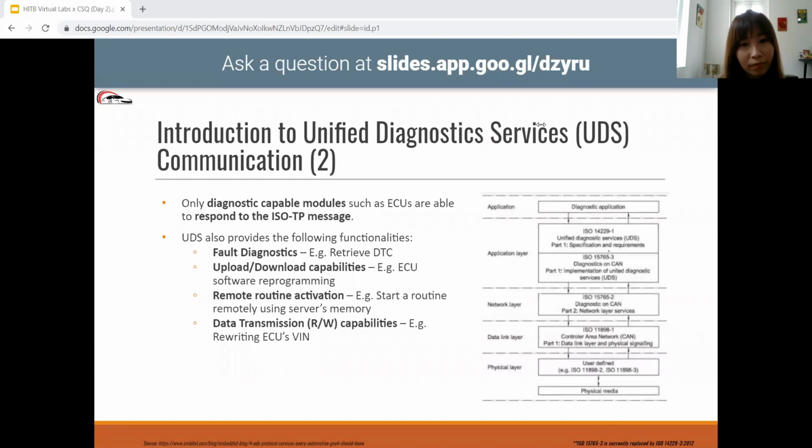UDS is not only read-only. It provides the following functionalities: fault diagnostics, DTCs, and upload-download capabilities, meaning you can program or download the software. It also offers remote routine activation to start a routine remotely using server memory, and rewriting ECU binaries through data transmission read-write capabilities.